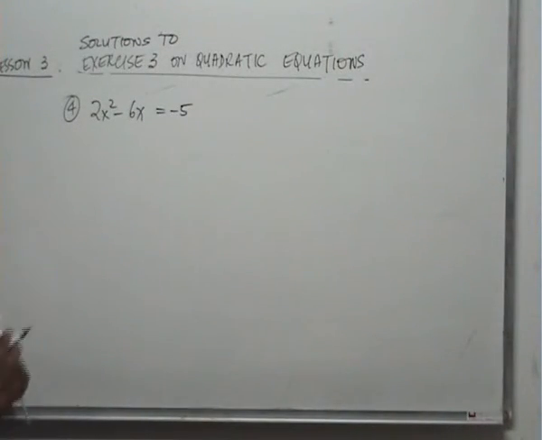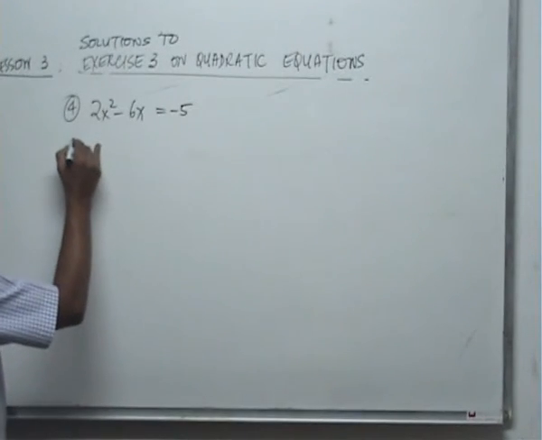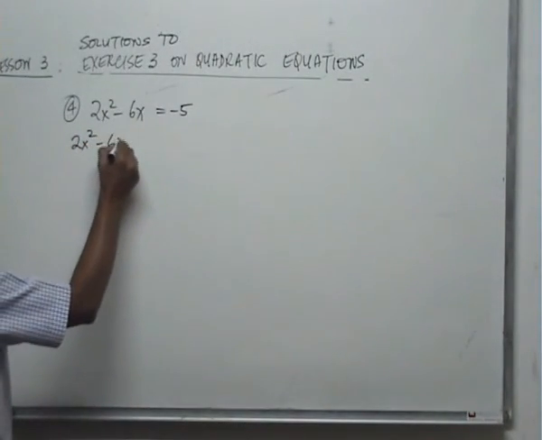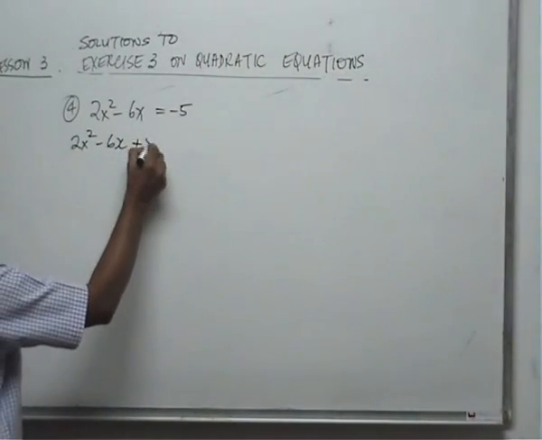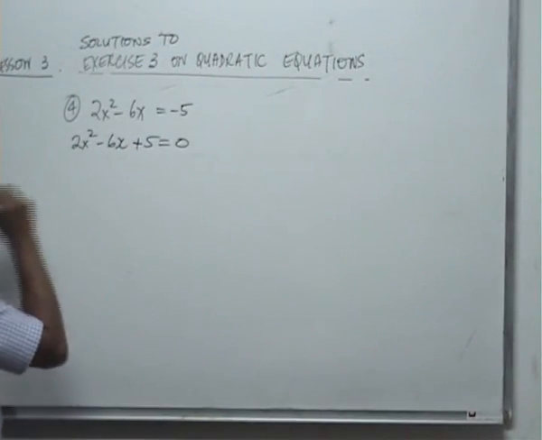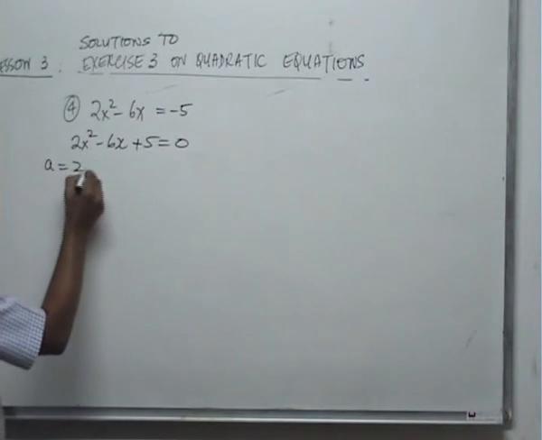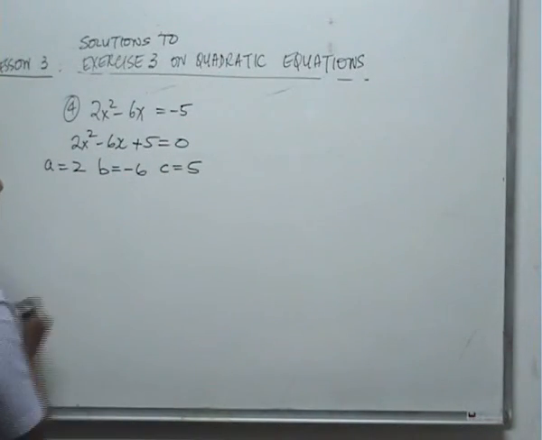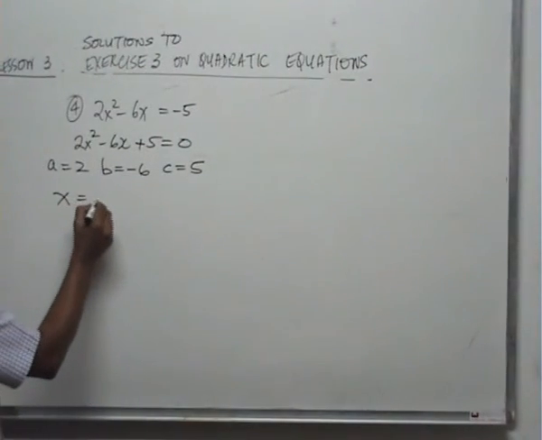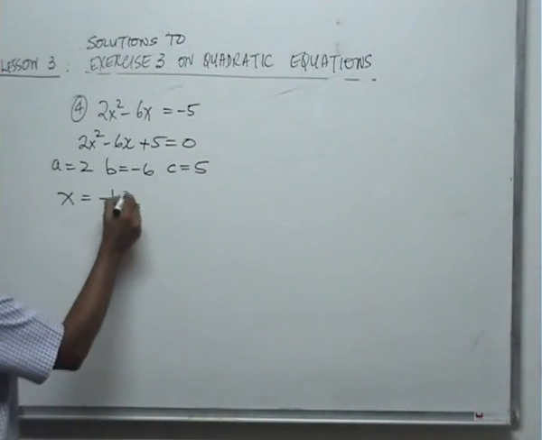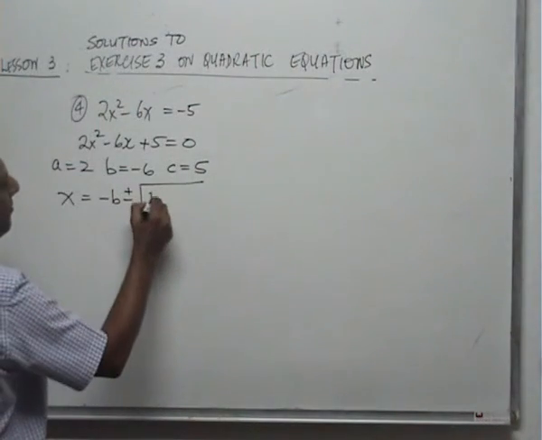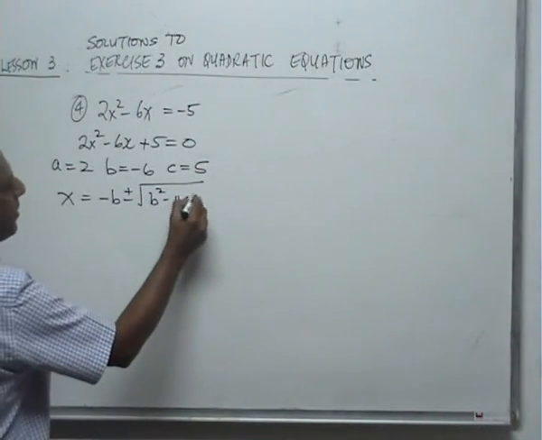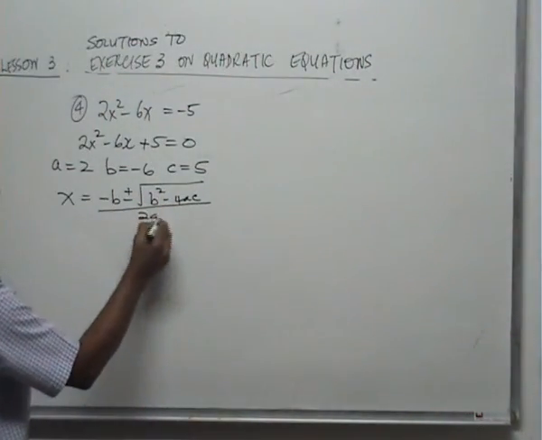Alright, we're looking at number 4, 2x squared minus 6x minus 5. Firstly, it's not in standard form, so I've got to bring it to standard form. And now I've got to identify: a is 2, b is minus 6, c is minus 5. Use the formula, minus b plus or minus the square root of b squared minus 4ac all over 2a.